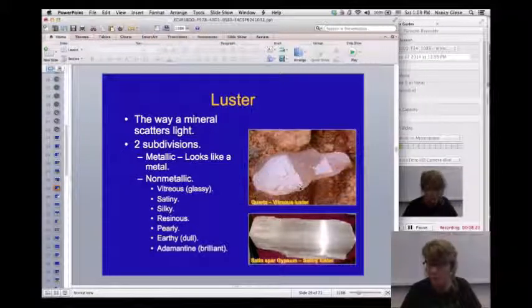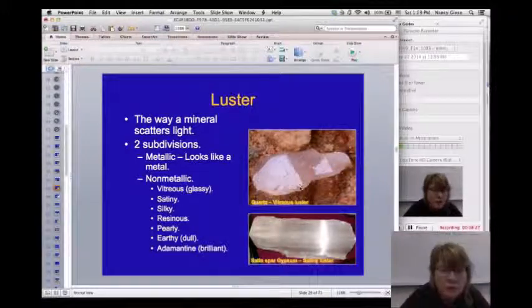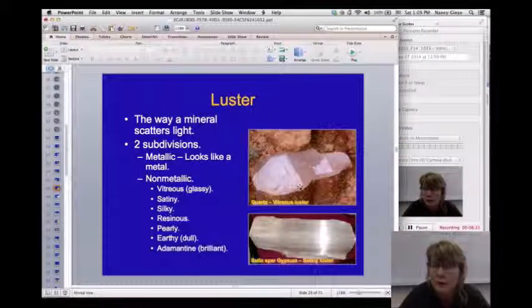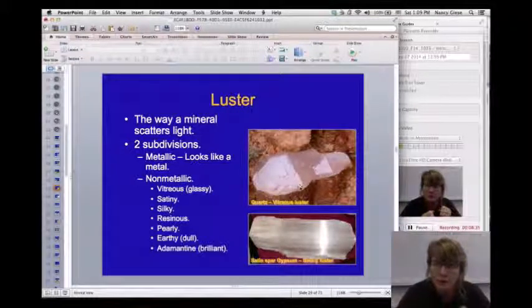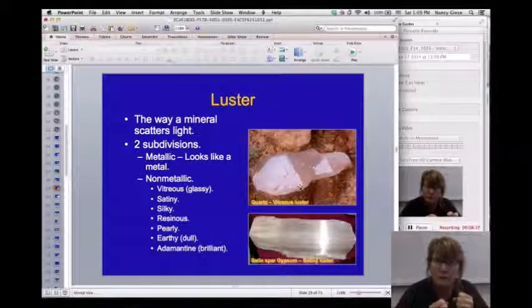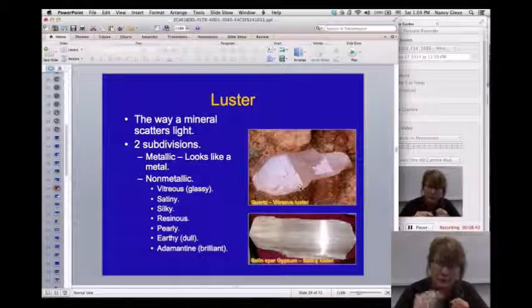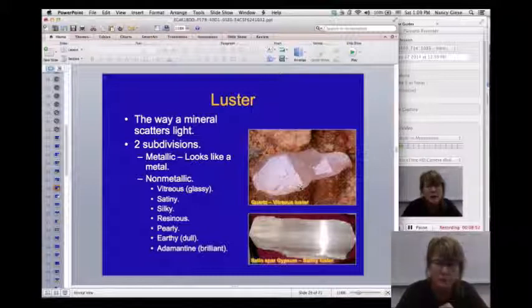Another property of the minerals, another visual test, is something called luster. And luster does not refer to the color of the mineral. It's the way that a mineral scatters light. So solids to different degrees will absorb light or reflect light, meaning that when the light hits it, it bounces off in one direction, or it scatters light, meaning that the light bounces off in random different directions.